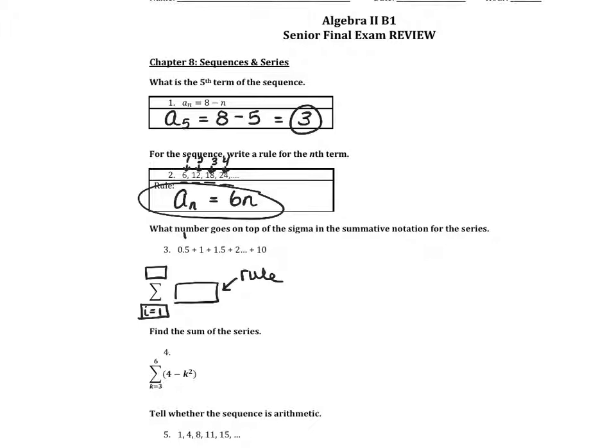I plugged in a 1 and I got out 0.5. I plugged in a 2, I got out 1. Plugged in a 3, got out 1.5. Plugged in a 4, got out 2. And then we skip some spots, which means there's other numbers that aren't written down, but then the series ends at 10. What did we plug in here to get out a 10?